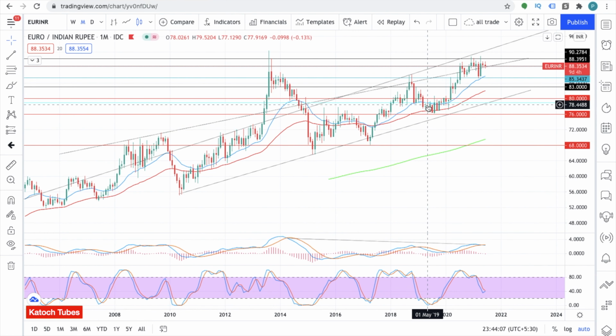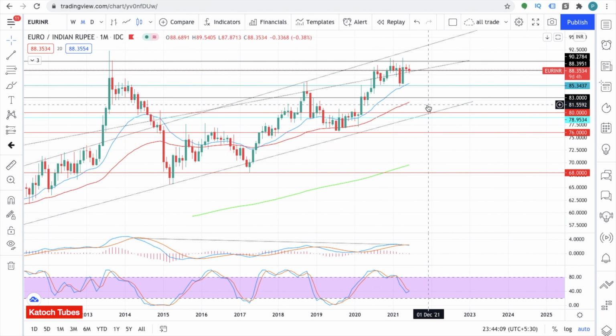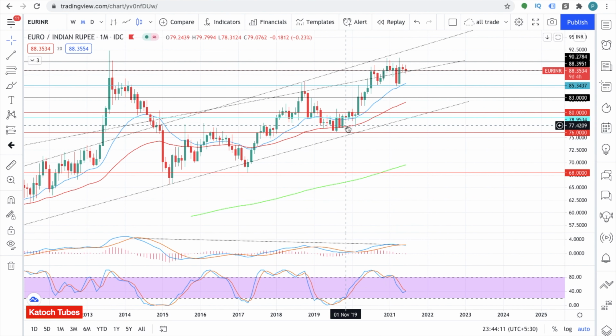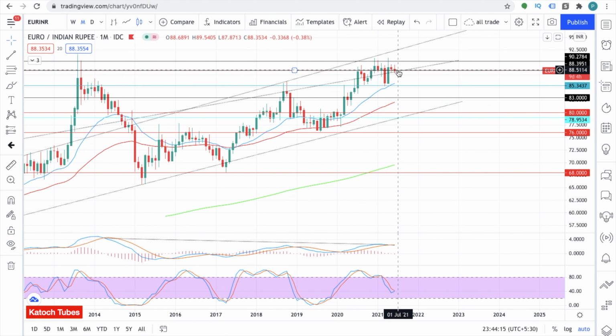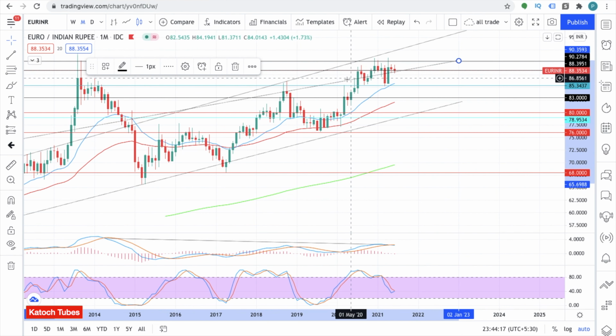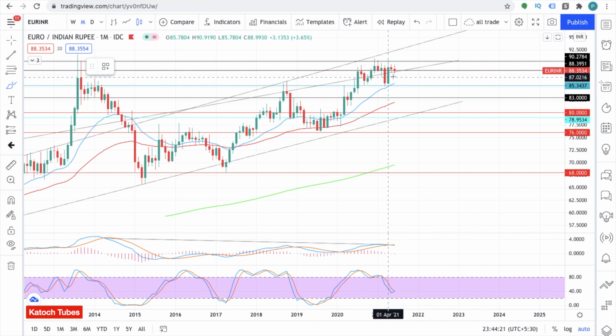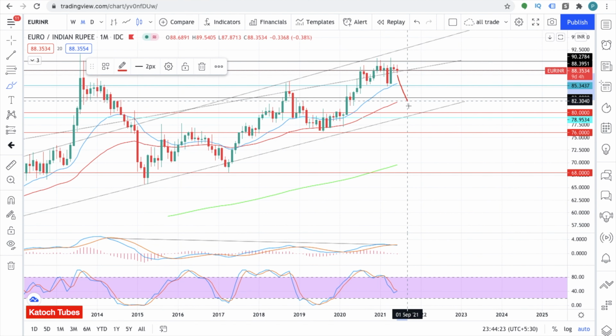According to my monthly analysis, it is consolidating here, and when it breaks this trend line, this support area, it is going to fall back downwards to this area, and then it will bounce back again. So that is my prediction.